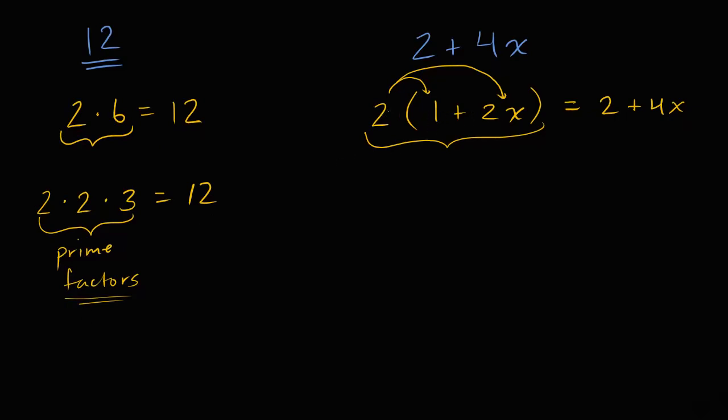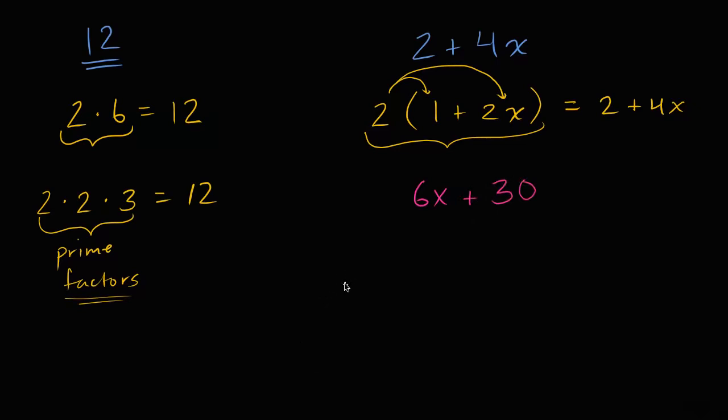So let's do another one. Let's say you had 6x plus 30. That's interesting.